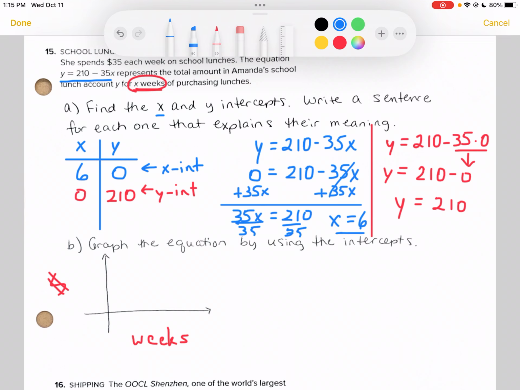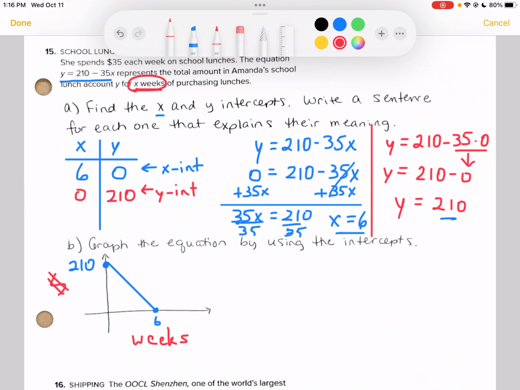X equals 6, so let's call this 6 weeks. And up here we're going to put in 210, here's $210. Then we draw a line to connect those points.